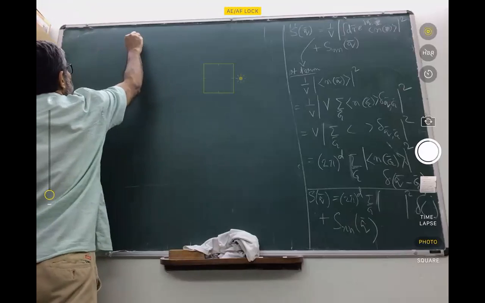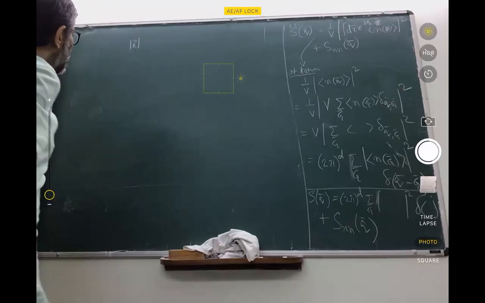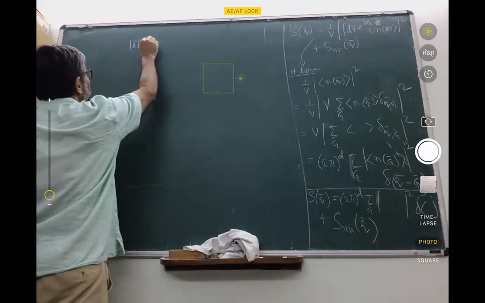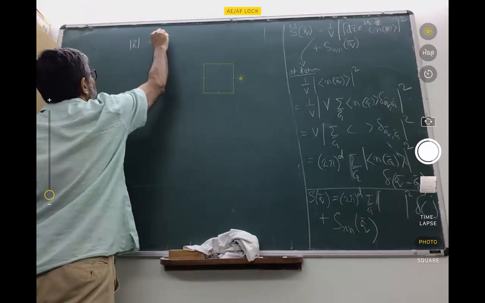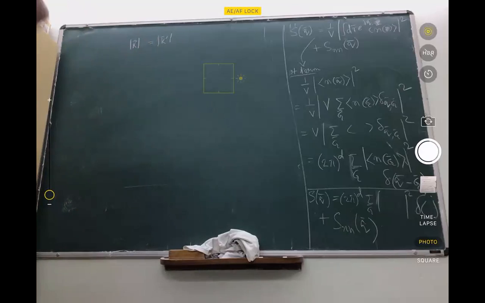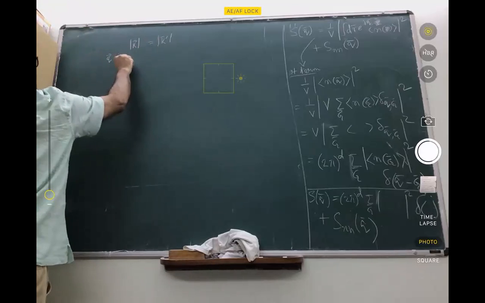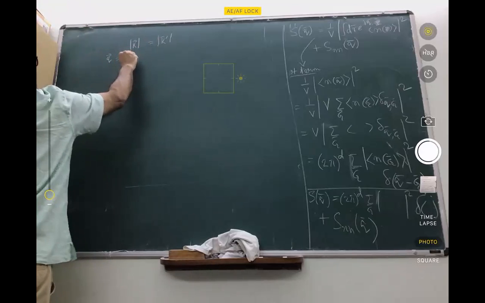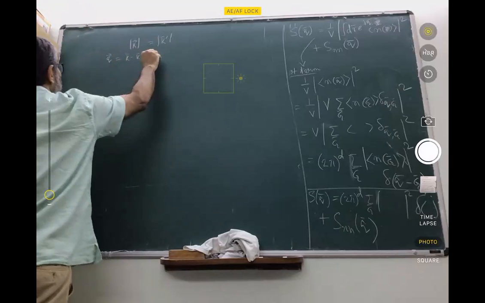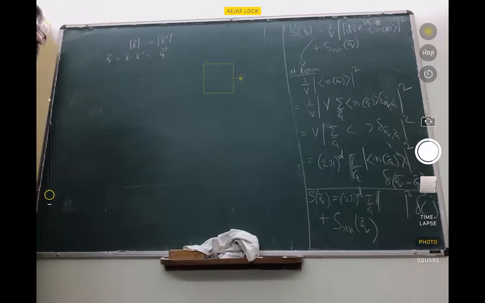K was the momentum of the incoming particles. K prime was the scattered particles. So we have this situation. It's an elastic scattering. So Q, which is obviously K prime minus K, has to be equal to one of the reciprocal lattice vectors. That's what we just figured out.